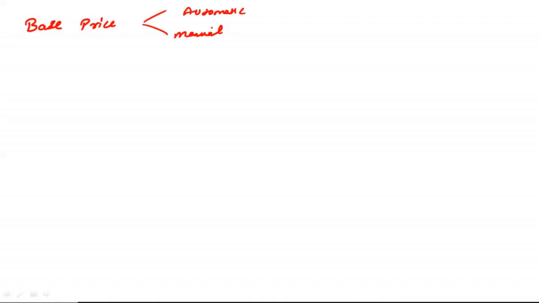Data can be fetched from the purchase info record. Yes. When we are creating a purchase order, if the price is maintained in the purchase info record, the price will automatically get fetched into your purchase order. So that is the automatic base price.